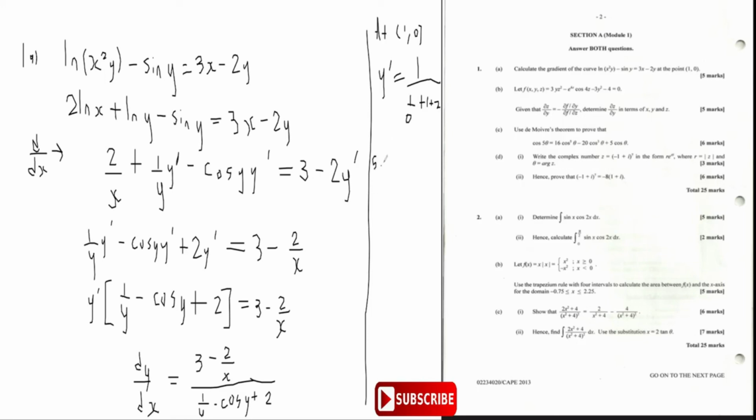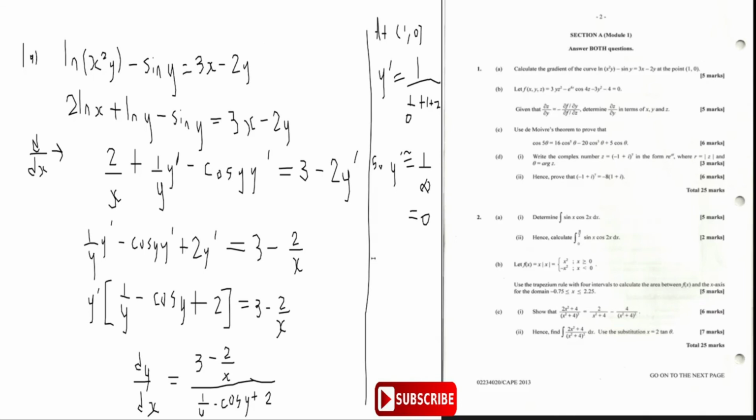And so what we're going to get then is dy by dx, or y prime, is equal to 0. Because it's approximately equal to 1 over infinity, and 1 over infinity is equal to 0. And so the gradient at 1, 0 is 0.